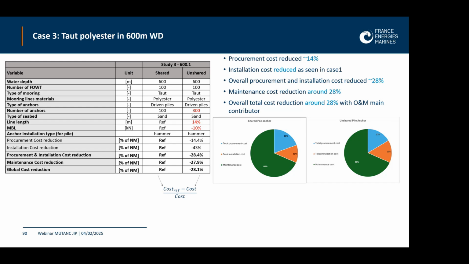The installation cost is also reduced as observed in the first case, with the same reduction. The overall procurement and installation cost is reduced by 28%. The maintenance cost reduction is around 28%, and the overall total cost reduction is also around 28%, with O&M being the main contributor, as we can see on the graph below.